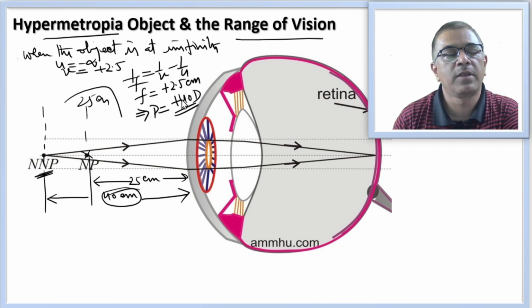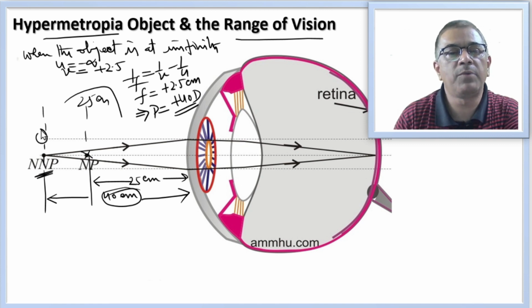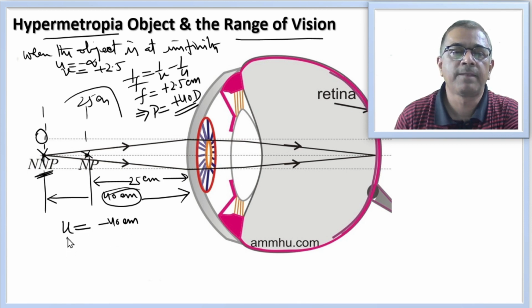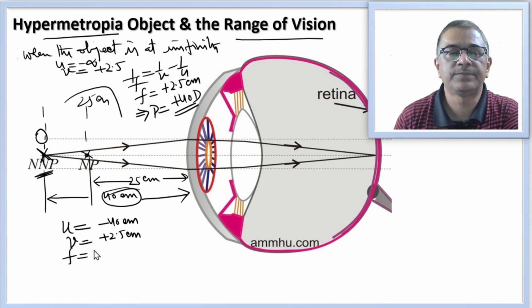Now when the object is considered at the near point, in that case u is equal to minus 40 centimeter and v is equal to plus 2.5 centimeter. Now let's try to calculate the focal length in the new context when the object is at the near point.